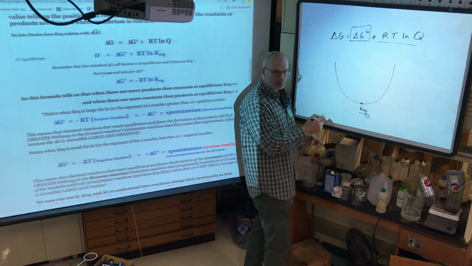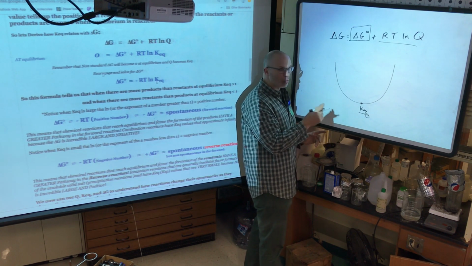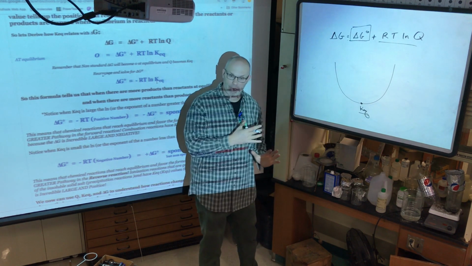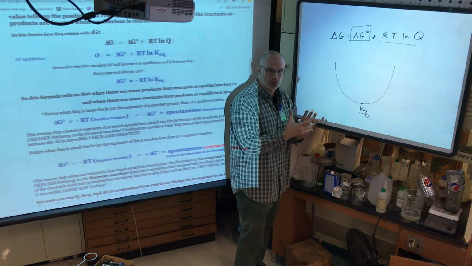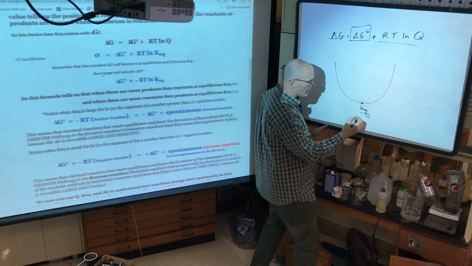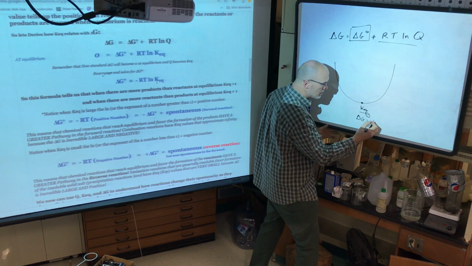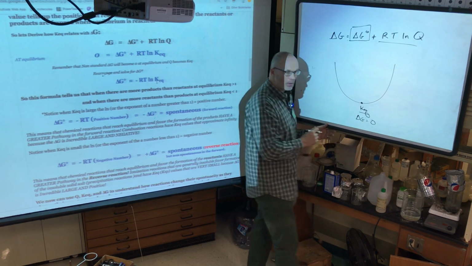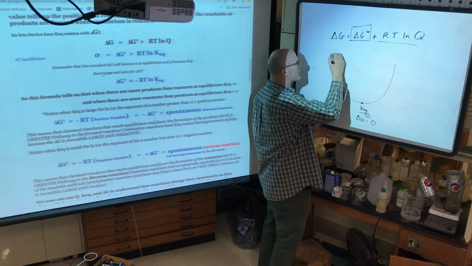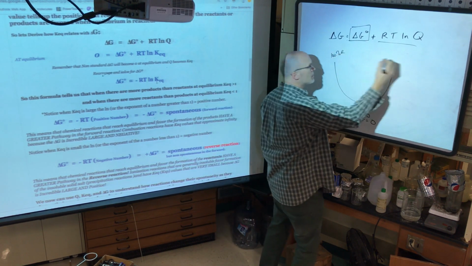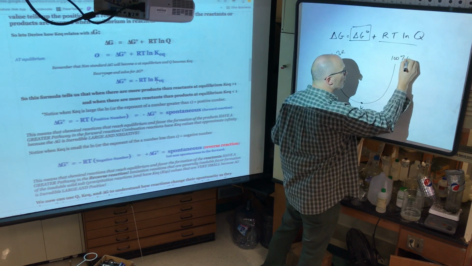Now, what is equilibrium? Equilibrium is when the rate of the forward reaction equals the rate of the reverse. But it's a position where the reaction's going to stop doing work. Delta G is what here? 0. Okay? So reactions always work toward that. Remember we talked about 100% reactants and 100% products?